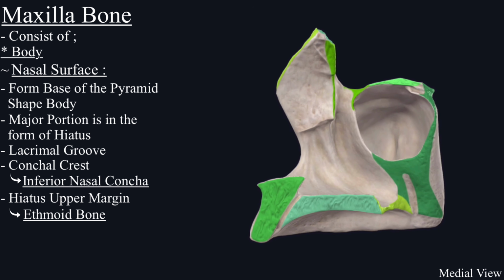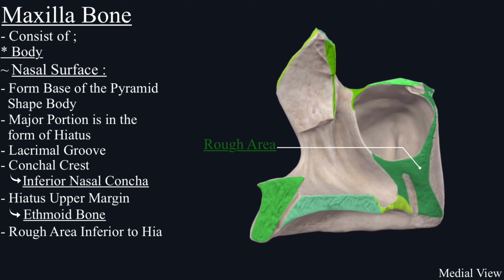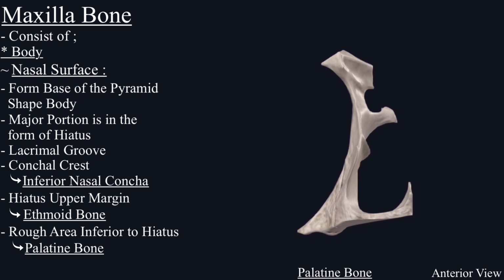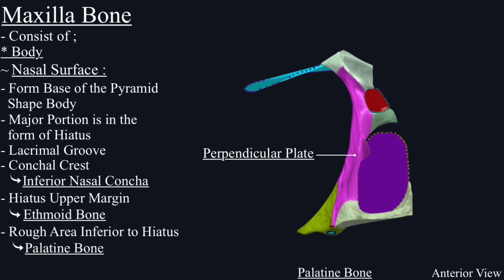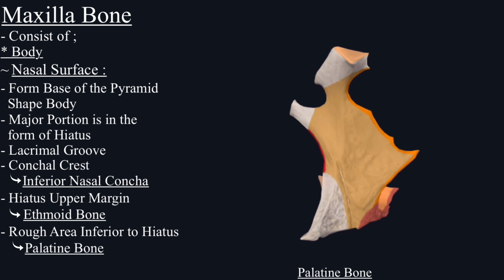Inferior to the hiatus is present a rough area and a groove. This rough area is related to lateral surface of the perpendicular plate of palatine bone. This is isolated palatine bone. Here is the perpendicular plate. It has two surfaces, medial surface and the lateral surface.